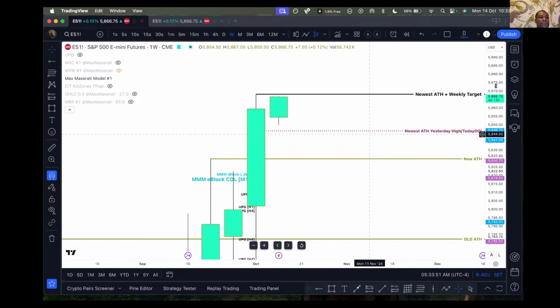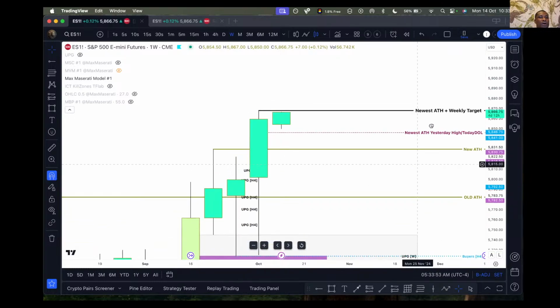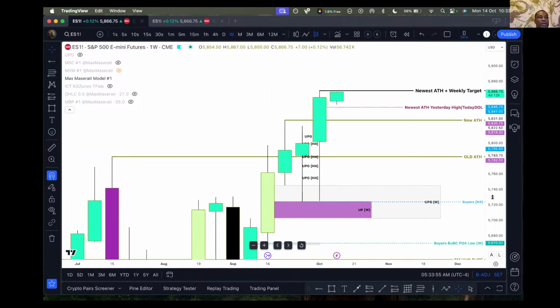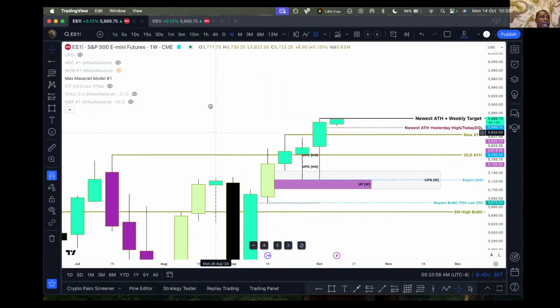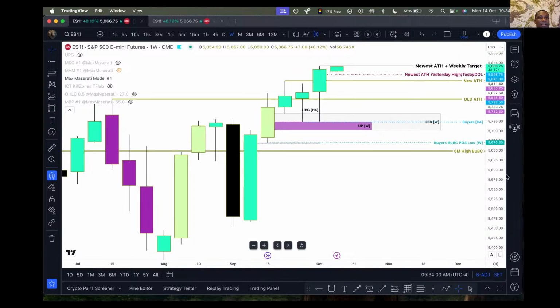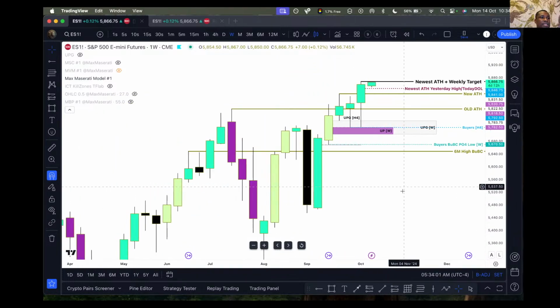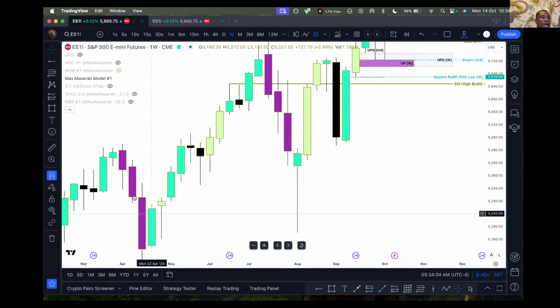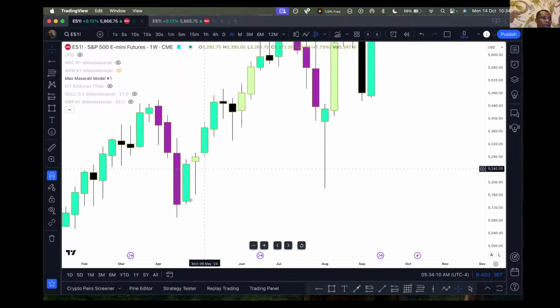Normally, what I like to do is go back and check where my market switch change is, where my internal block and my MMM external block are. At this level here, we had our MMM external block.